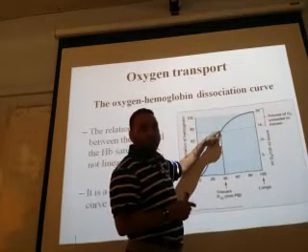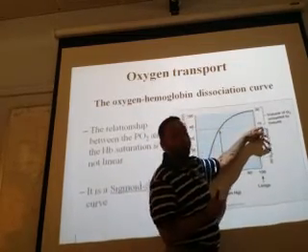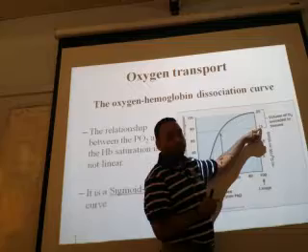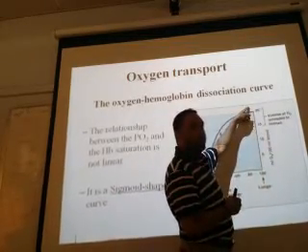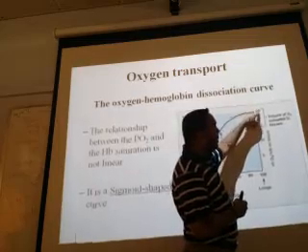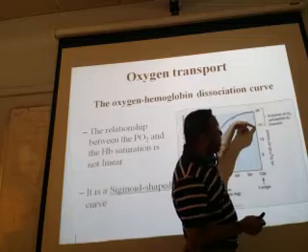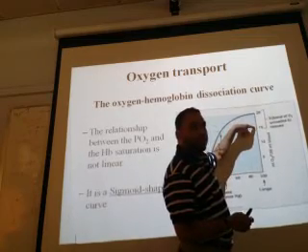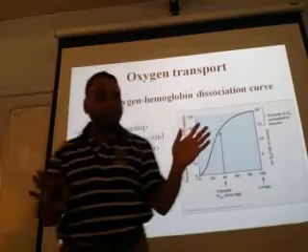What is the partial pressure? 40. How much is dissolved? About 15. At 100% saturation and 100 partial pressure, how much is dissolved? 20. That means how much is the oxygen delivery to the tissues? 5 milliliters. Understood?